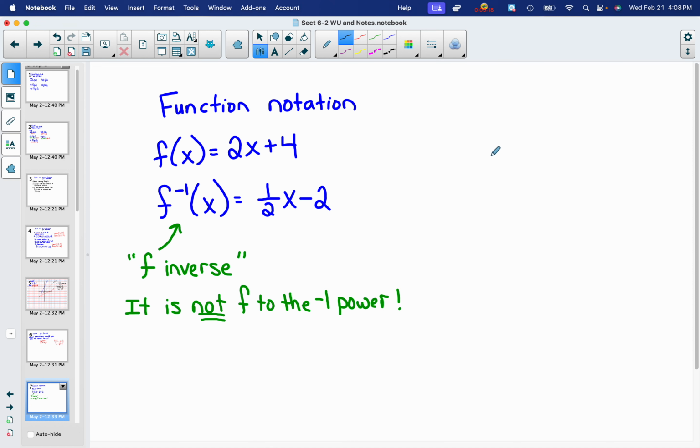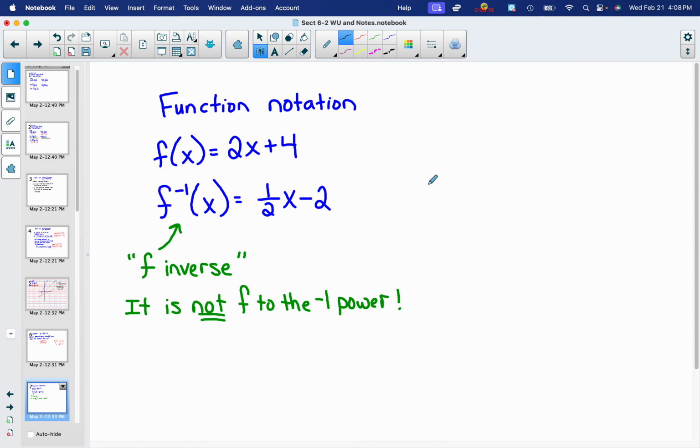So we have a notation that we use for function notation. Instead of y equals, we use f of x equals. And we also have a symbol that we use for f inverse, and it looks like a -1. Especially after we've just done exponents and talked about how -1 means reciprocal, but not in this context.